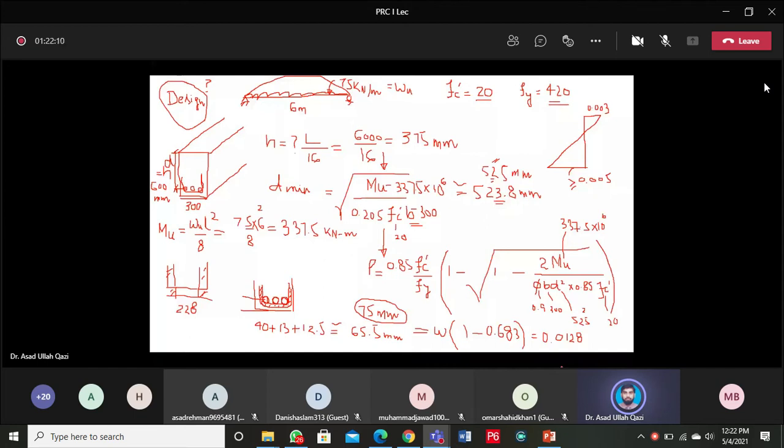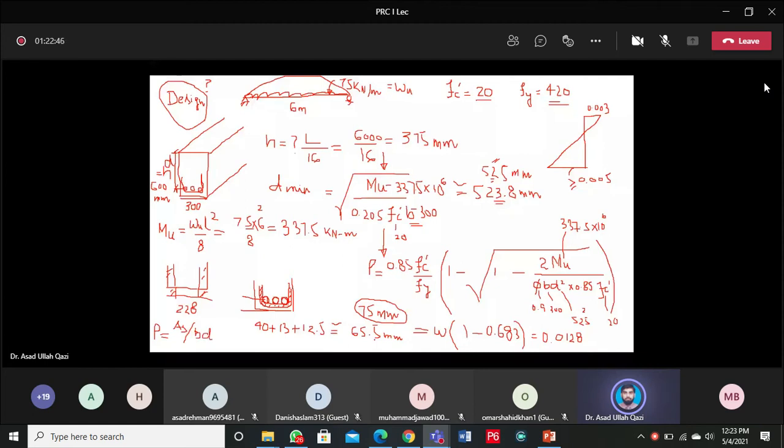You got this rho and now you can use this rho, you can multiply this with b into d to get area of steel and your design is over actually. Once you got the rho, you can use the basic equation, that is rho is equal to As over bd, and then you can multiply this rho with bd, you get area of steel.